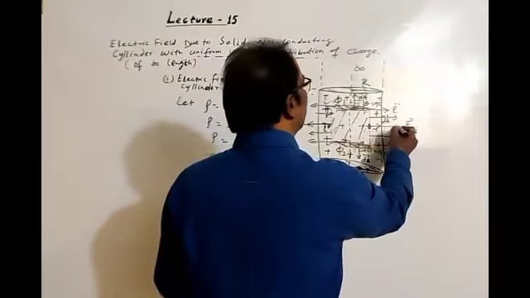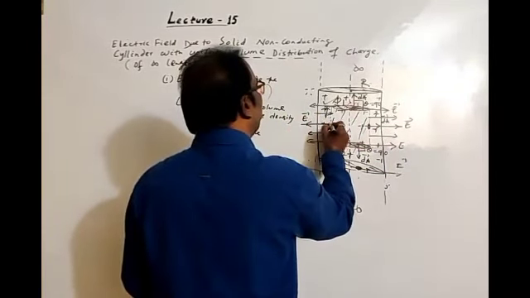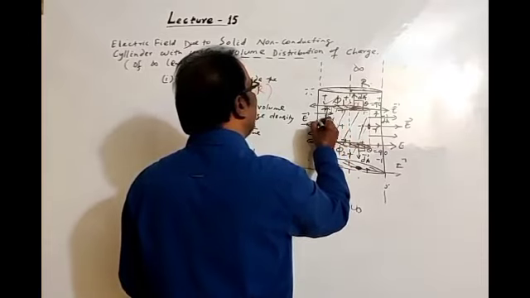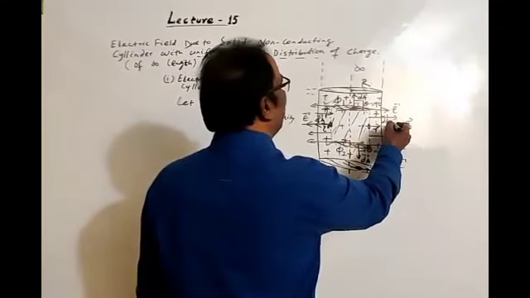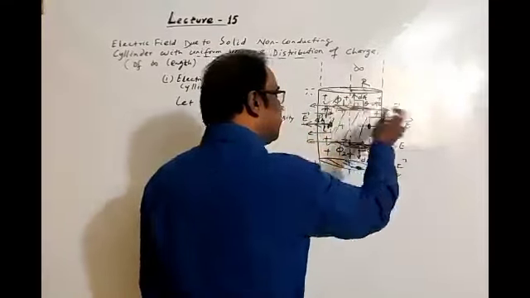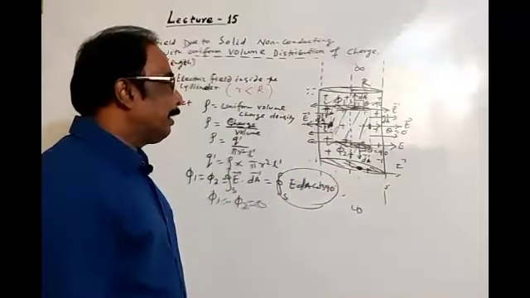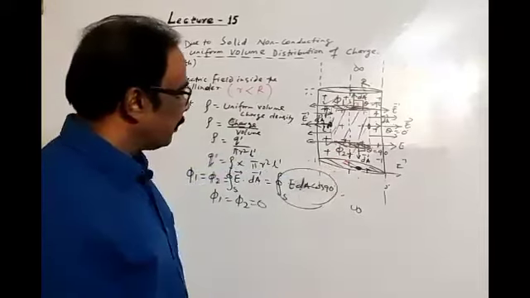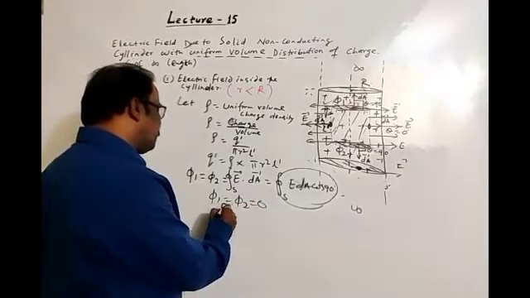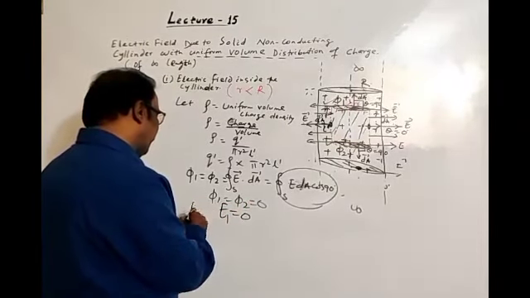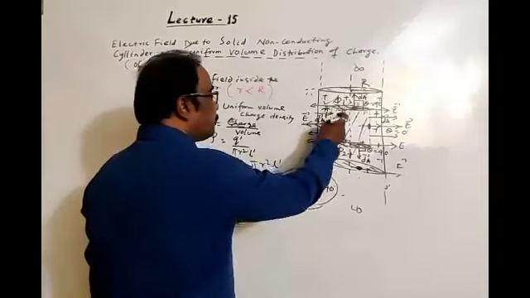Here this is the direction of the electric field, this is the direction of the elemental area dA. So the angle between the electric field and the elemental area vector, for all sides, theta is 0 degrees. Means the electric field and the elemental area vector are in the same direction. So for these two surfaces, since flux is 0, E1 is equal to E2 is equal to 0.